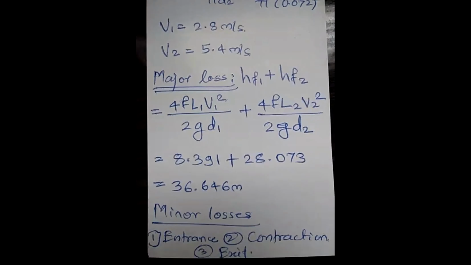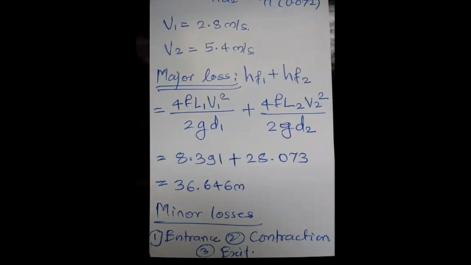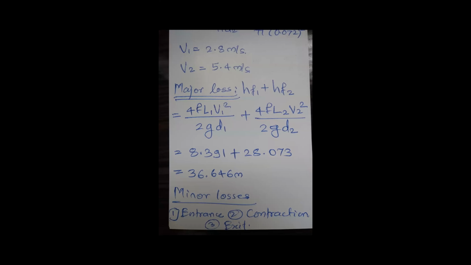Okay, so find out the minor losses at the entrance, at the contraction, and at the exit. The formula is also known to you. For the entrance of the pipe, it is V1 square by 2G, because V1 is the first velocity which is entering.